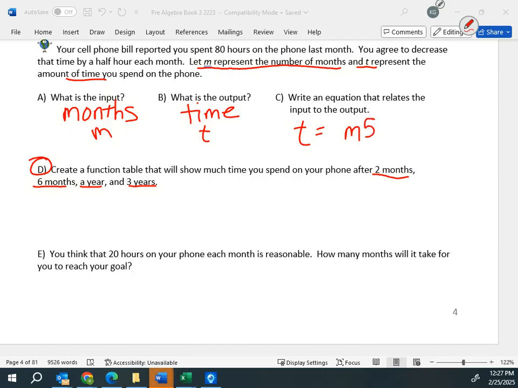Why am I multiplying it by 50? 80 what? So I've got 80 hours, and I want to decrease it by a half hour each month.